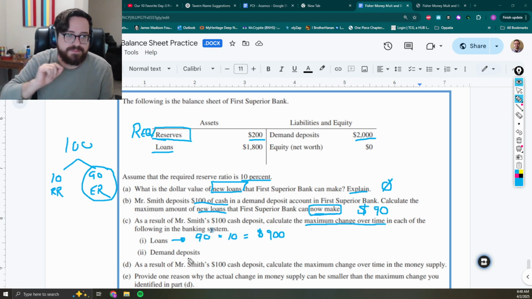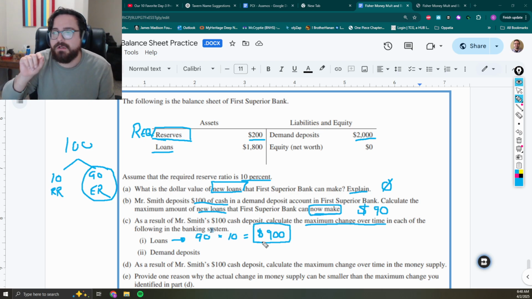Here's the logic that I think of for this problem. There's a formula I'll show you in a second that solves this very easily, but in my mind, I think of this number right here. What this tells me is banks could loan out $900 through the multiplier process. What other information do I know about loans in this economy? I know how much of deposits they can loan out. I got this $90, meaning of a $100 deposit, they could loan out 90.